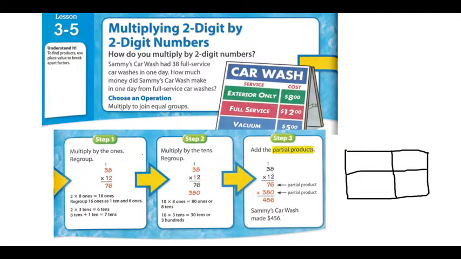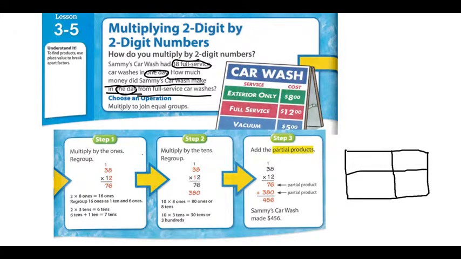All right, so the question is, how much money did Sammy's car wash make in one day? I think that's important to know. It's one day from full service car washes. The information we know is that there are 38 full service car washes in one day.